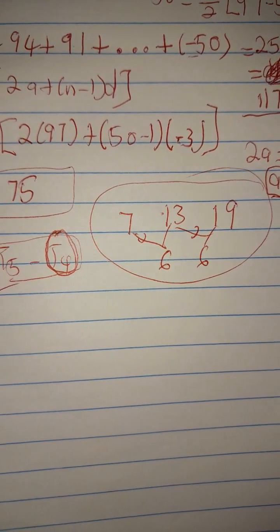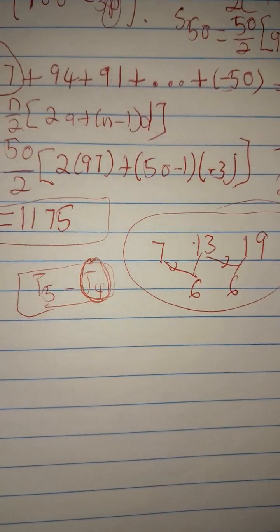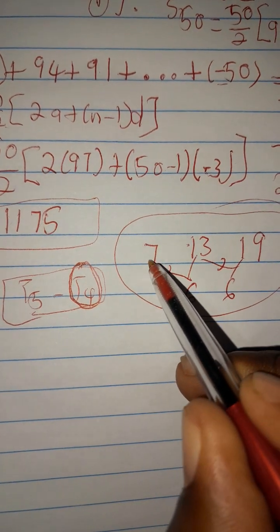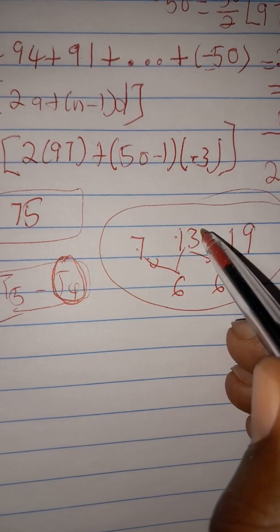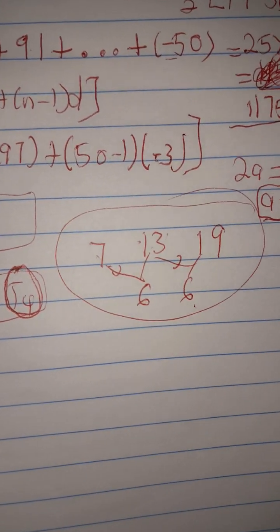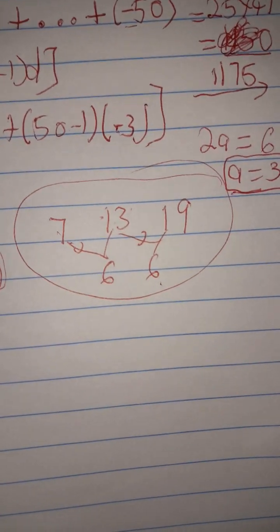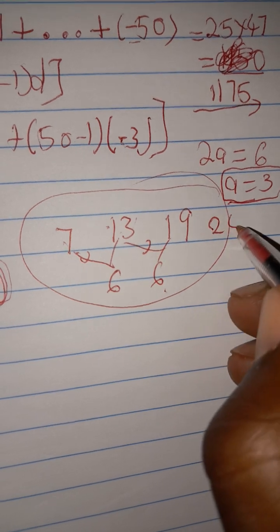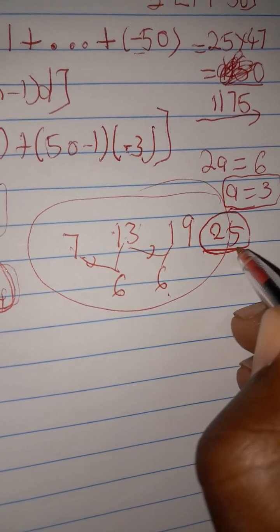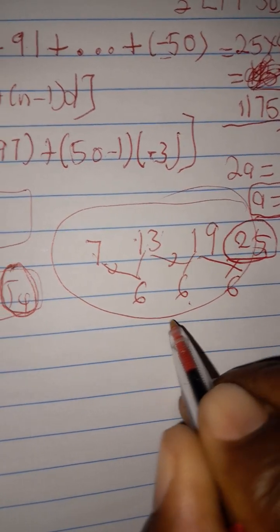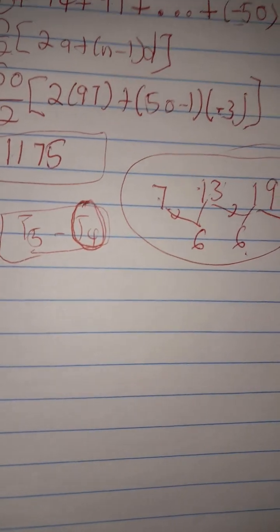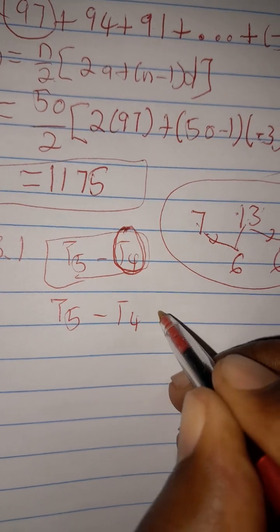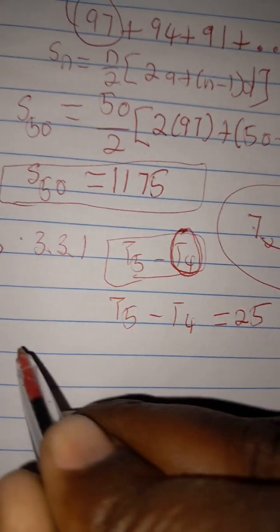So what we could do here to get T5 minus T4, we need to say 7 plus 6, that's 13, and 13 plus 6, that's 19, and 19 plus 6, what is that, guys? It's gonna be 25. So in other words, T5 minus T4 will be 25.